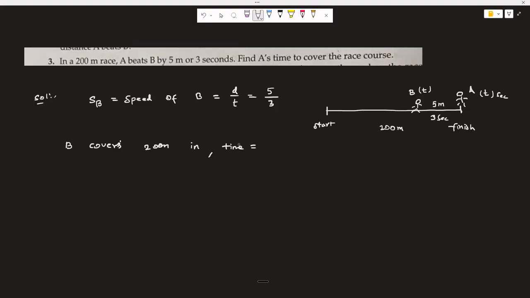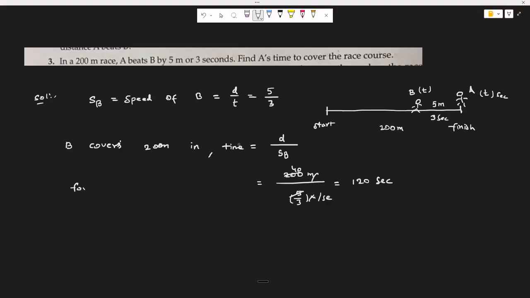Entire distance by speed. Speed of B, the entire distance was 200 meters. Speed of B is 5 by 3, we just calculated that. Of course, it is in meters per second. Meter got cancelled. 5 cancels into 200, 40 times, and 3 is multiplying with 40. 40 times 3 is 120 seconds.